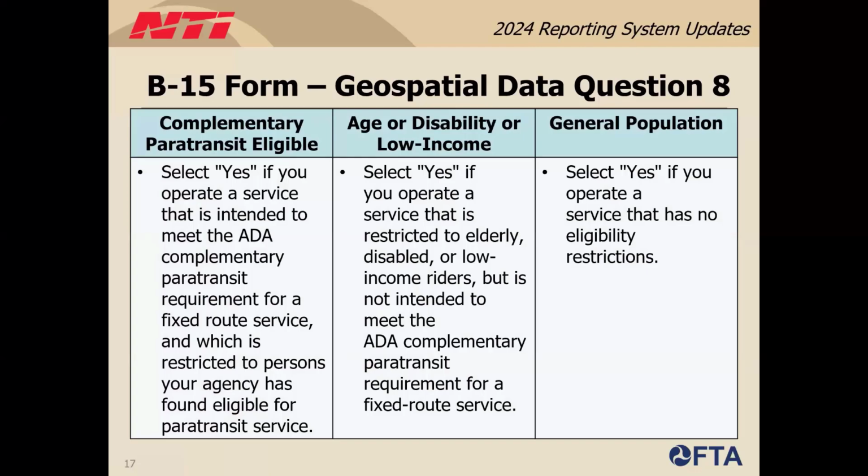You'll select yes for age, disability, or low income if you operate service that is restricted to elderly, disabled, or low-income riders, but is not intended to meet the ADA complementary paratransit requirement for fixed route service. That "but" is really important because we can see a little bit of overlap when it comes to servicing the elderly or the disabled. If that's part of your ADA service, then you won't select yes for age or disability. You'll just select yes for complementary paratransit.